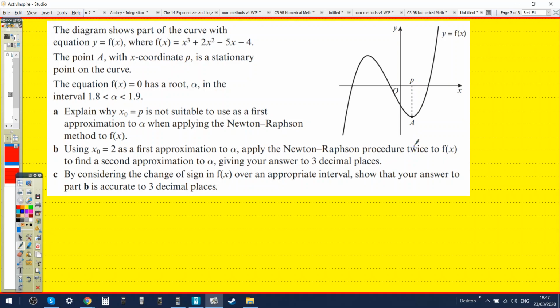What is the formula for Newton-Raphson? Xn minus f of xn over f dash of xn. And so, what is f dash of x at the point A? 0. Yes, so you'd be dividing by 0. And that's why you wouldn't use it.